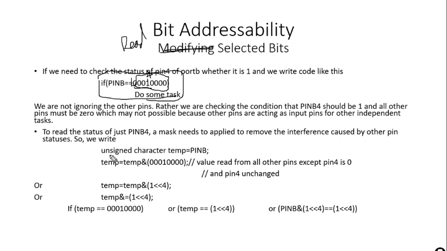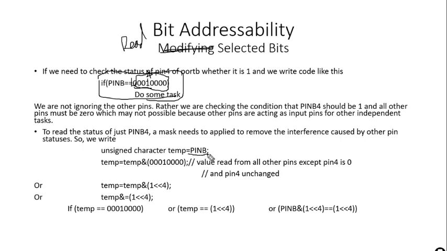So we write: suppose we are reading from the port, and we ensure that the value we read is a positive value, so we give the data type unsigned char temp. Unsigned char temp is equal to PINB.